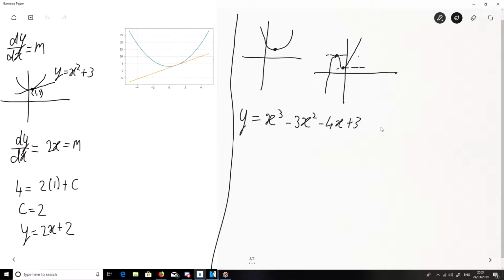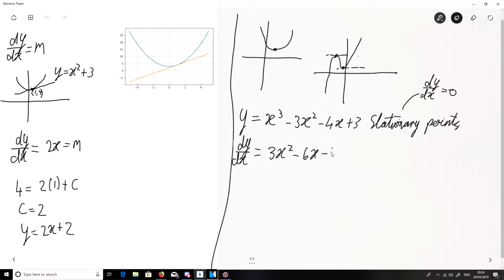So we want to find from this equation the stationary points, which are the same thing as the turning points. Now, at a stationary point, as I've mentioned, dy by dx is equal to 0. So what this means we need to do is take a derivative. So we'll take the derivative: dy by dx is equal to 3x squared minus 6x minus 4.